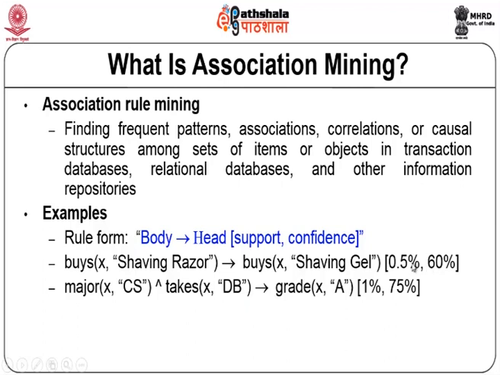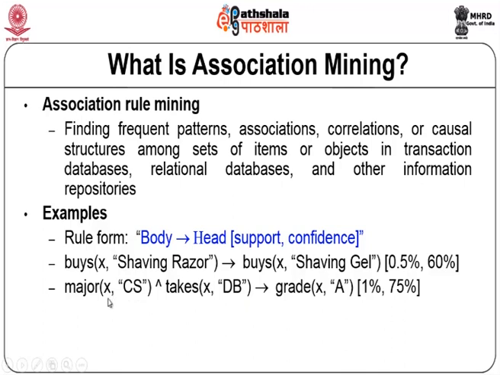The 0.5% here indicates it is the evidence which is available in the database, that is the transactional database, and 60% indicates the chance of shaving gel to be purchased given shaving razor has already been purchased by the person X.